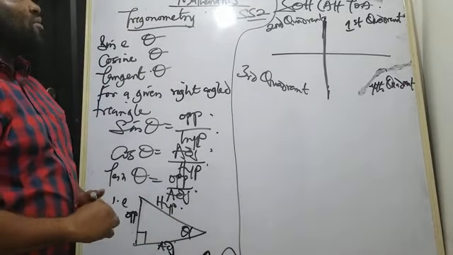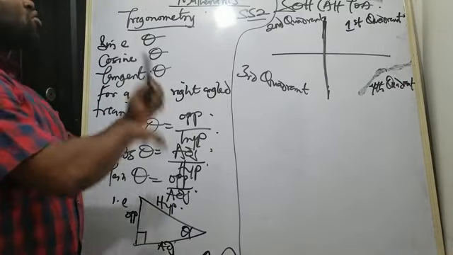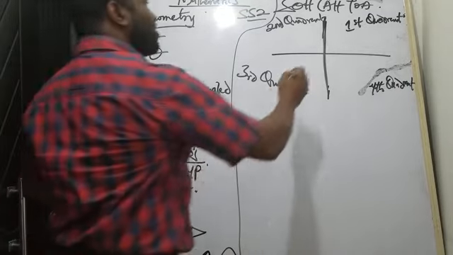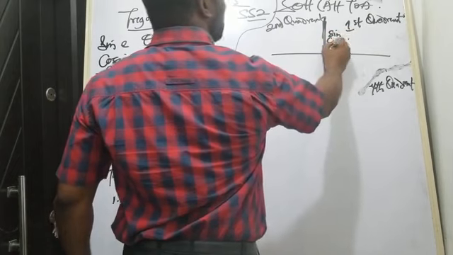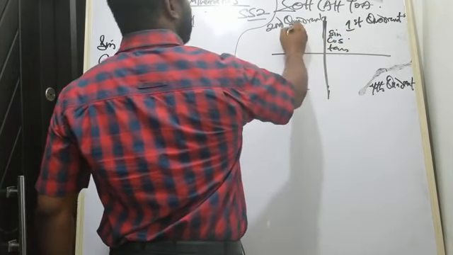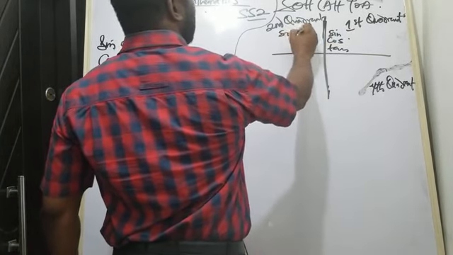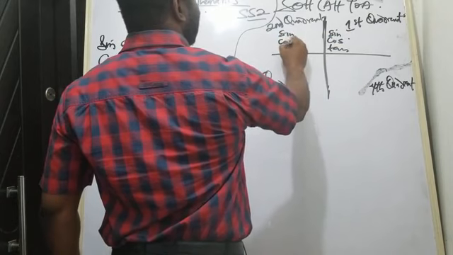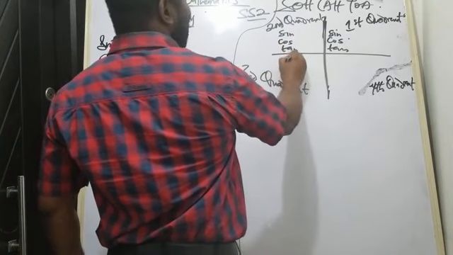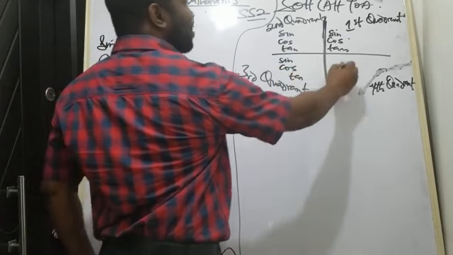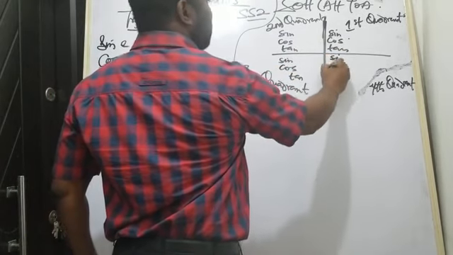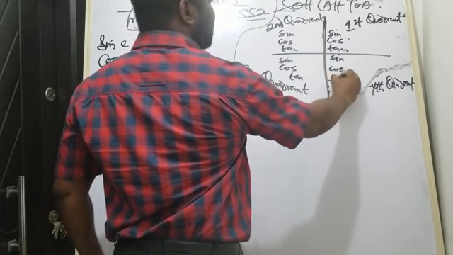Okay? Now, for your first quadrant, all your signs are positive. We have sine, cosine, and tan. Alright?